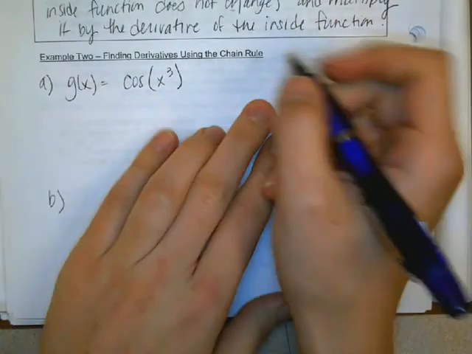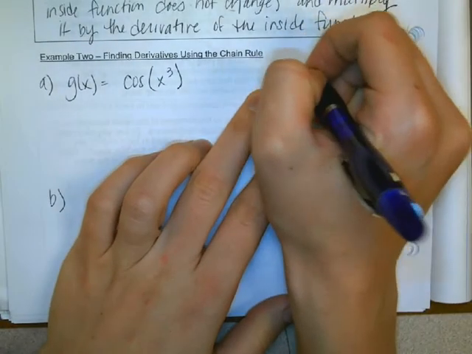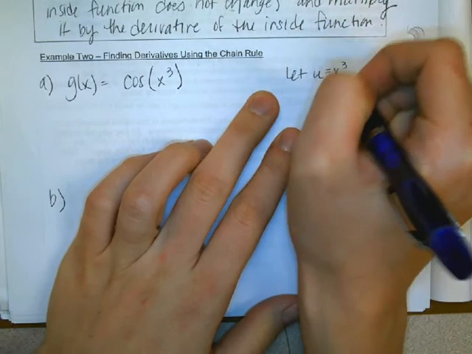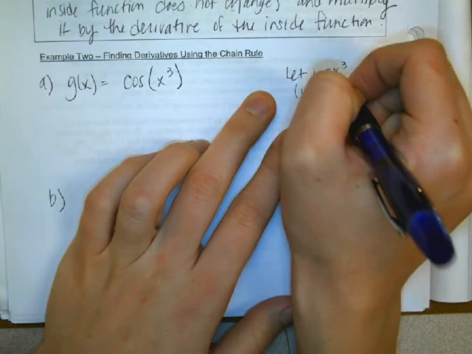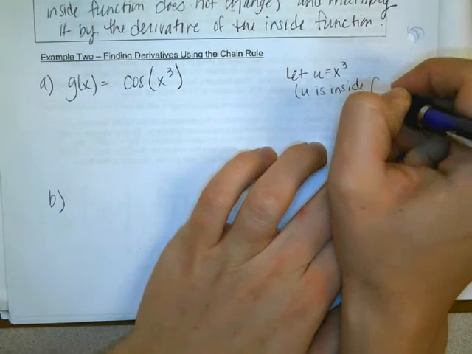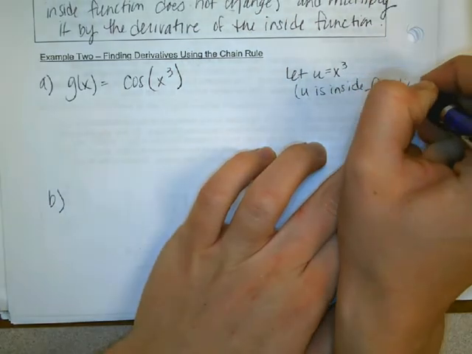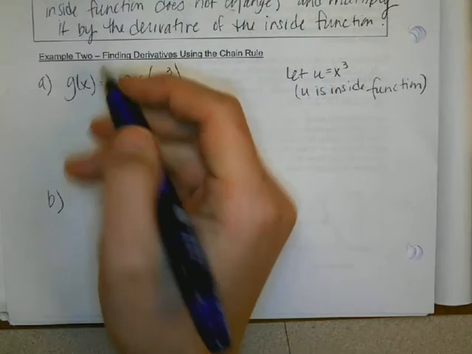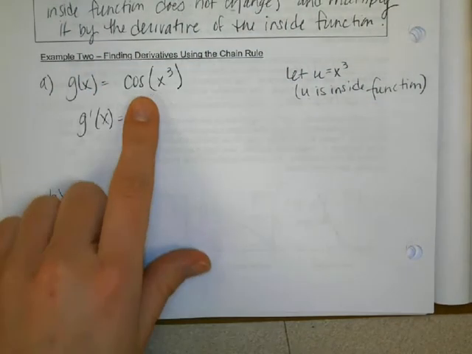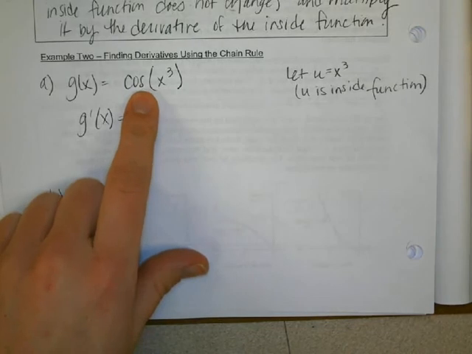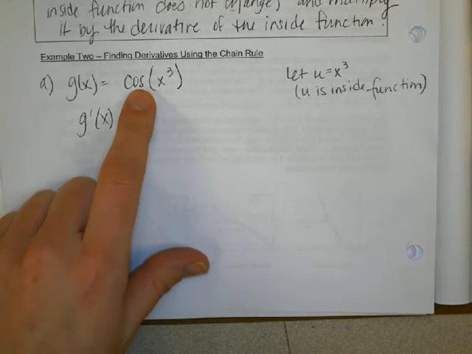So maybe I'm going to let u equal x cubed, and u is the inside function. Okay? So g prime of x, if I'm trying to take the derivative of this function, I'm going to take the derivative of the outside function.